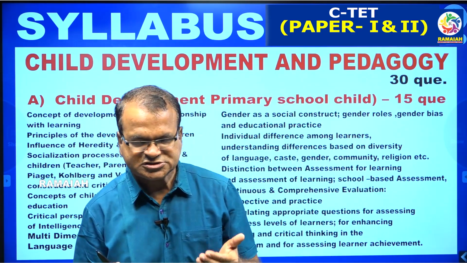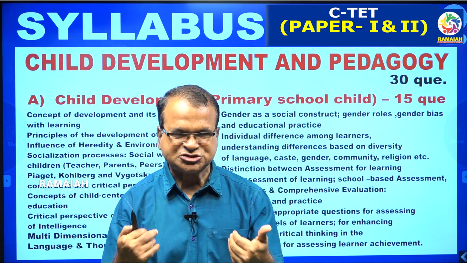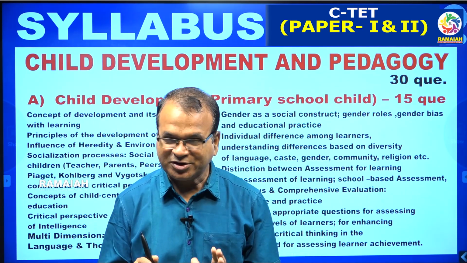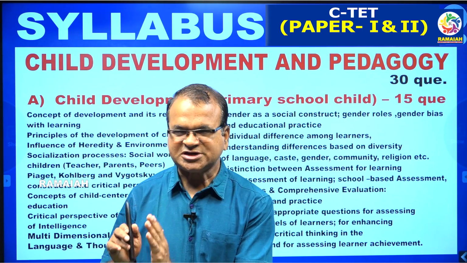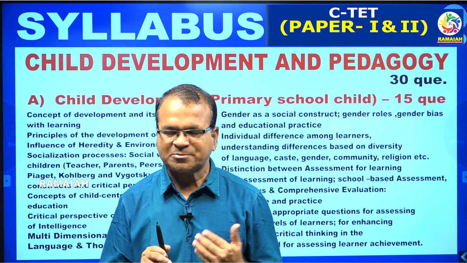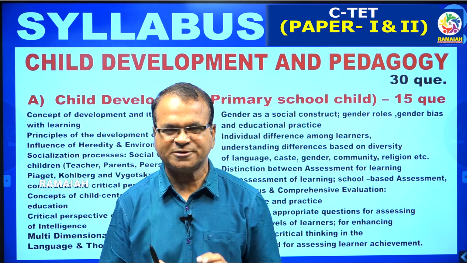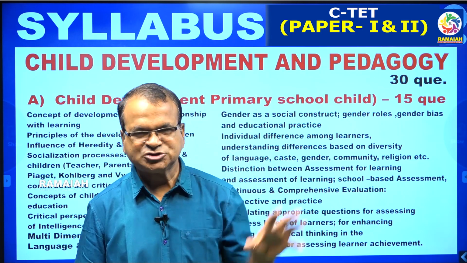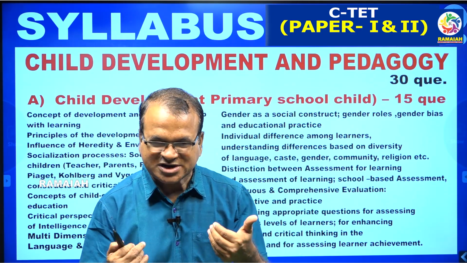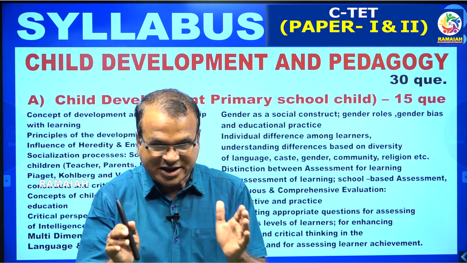Friends, a lot of research is going on across the world to understand child psychology, because previously the education center point was teacher centric. In the medieval period, the education center point was textbook orientation, but in the modern period, the education center point is child centric.